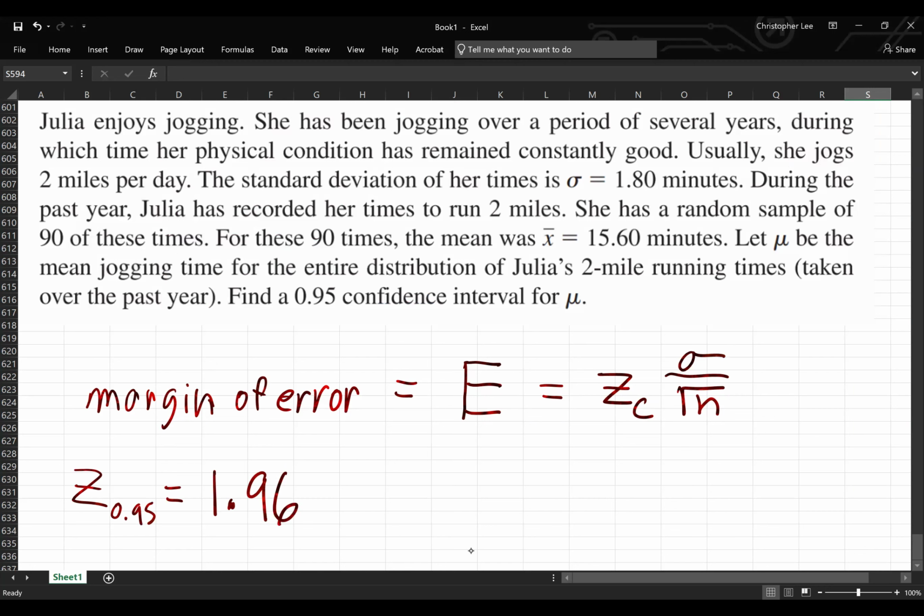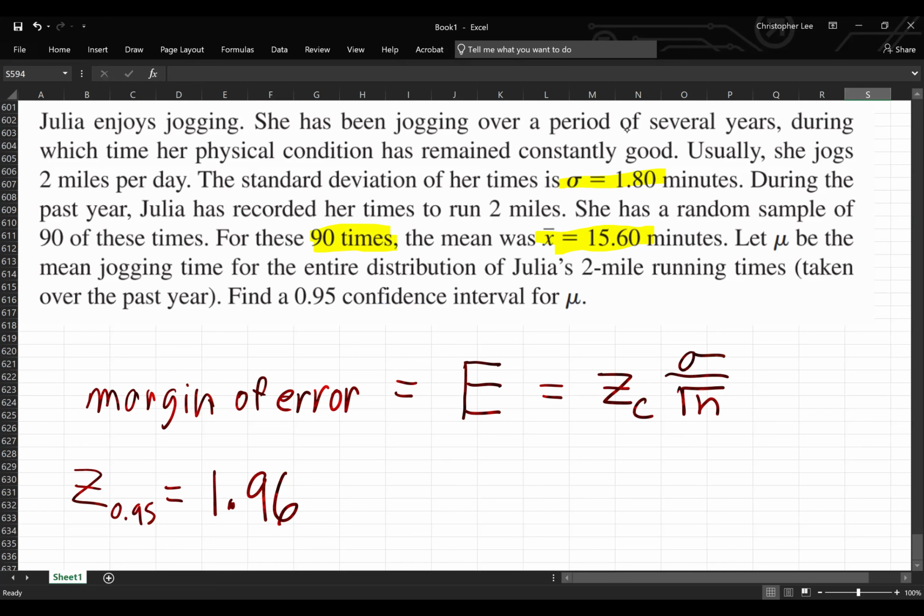We were given our standard deviation right here. We were given our sample mean right here. We were given our N right there. That's our 90. X bar is 15.6.